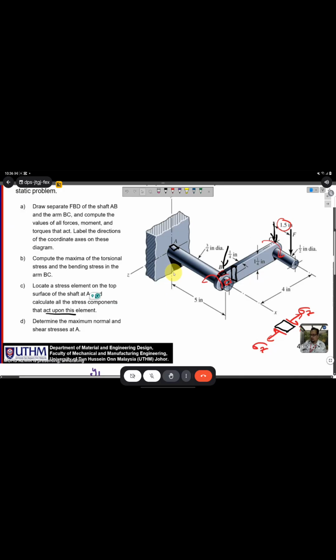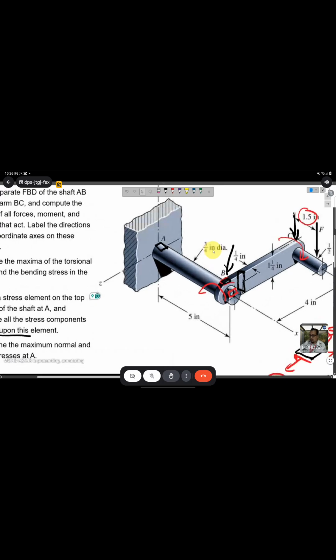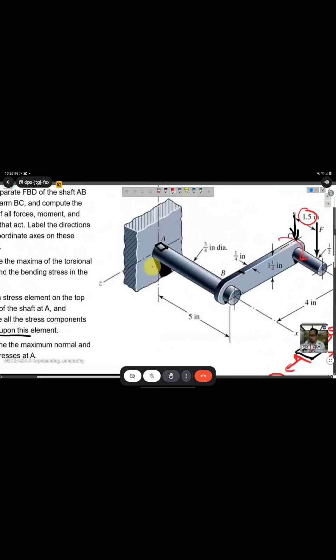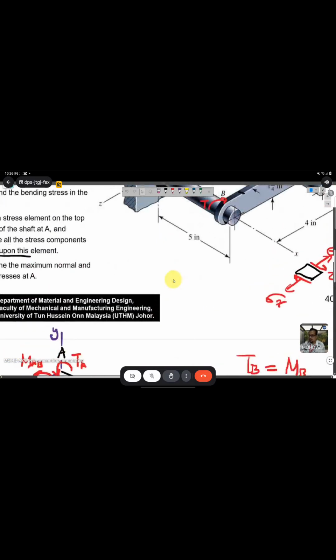So you need to calculate all the stresses from these forces. Maybe I just erase this first. At B, we have a torsion, and then a downward force F here.